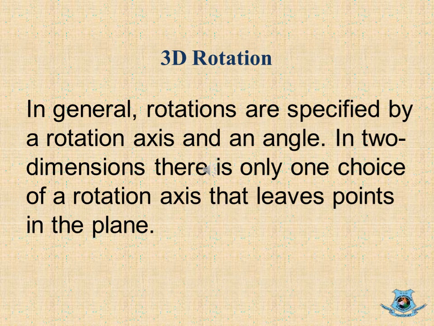3D rotation. In general, rotations are specified by a rotation axis and an angle. In two dimensions, there is only one choice of a rotation axis that leaves points in the plane. 3D rotation is a process of rotating an object with respect to an angle.